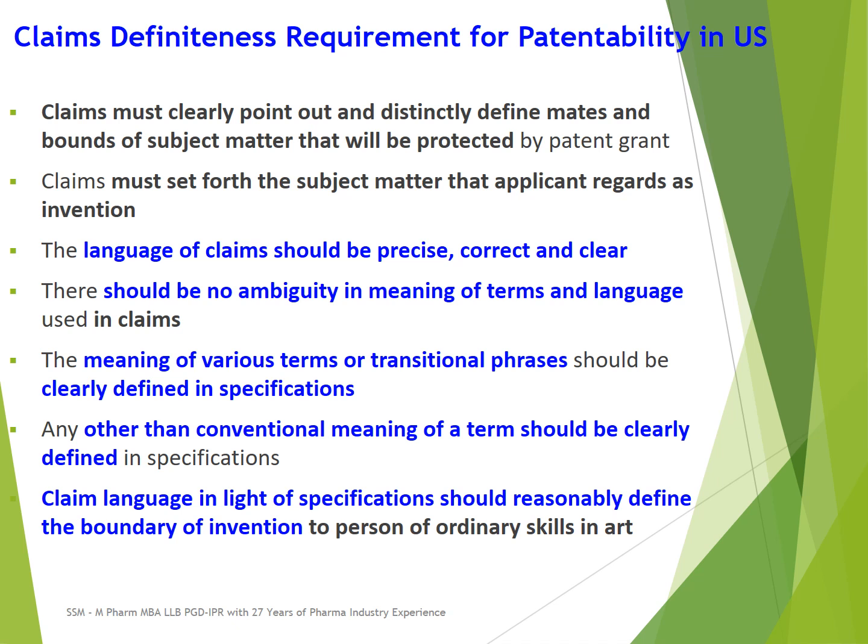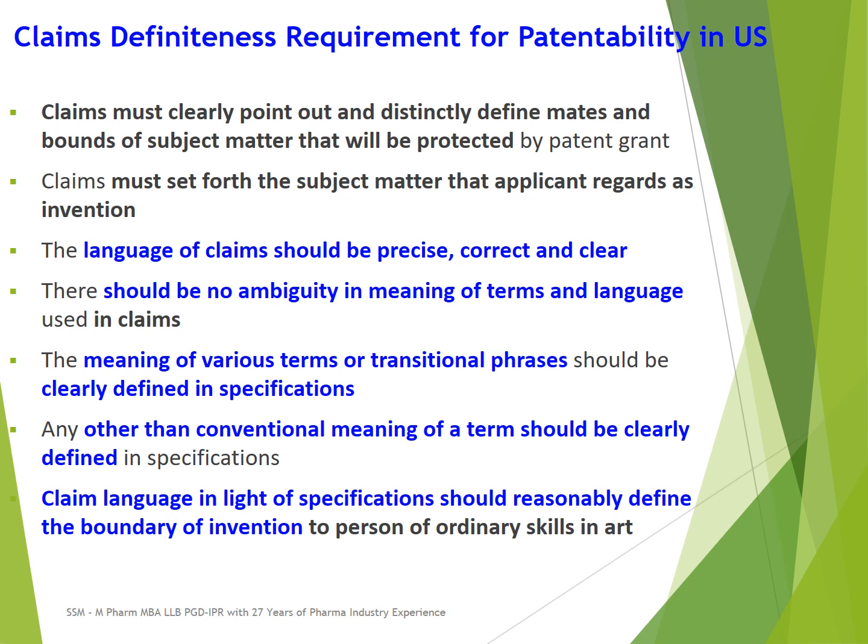The claims which you draft in a patent document should be precise, correct and clear. They should be non-ambiguous. There should be no ambiguity in the meaning of the terms and language used in the claim. The claims must clearly point out and distinctly define the metes and bounds of the subject matter that will be protected.